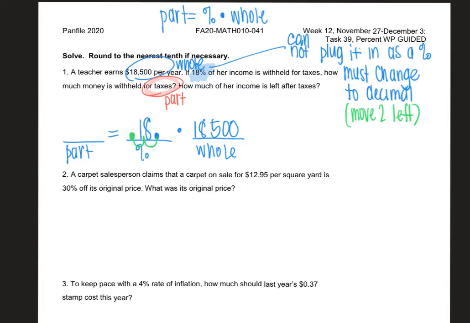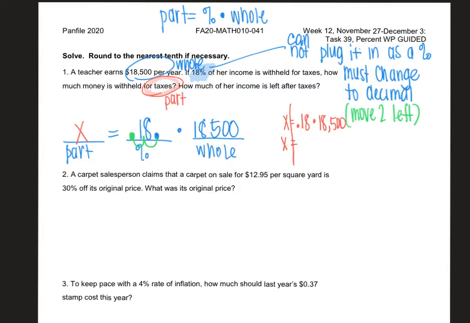Okay. And then the part is this tax amount, and that's what I don't know. So essentially I have X equals 0.18 times 18,500. Now, we split that equal sign. If our X is attached to something, we need to undo it, as we learned with the proportions. But if we just have these two numbers, X equals 0.18 times 18,500, we can do that.